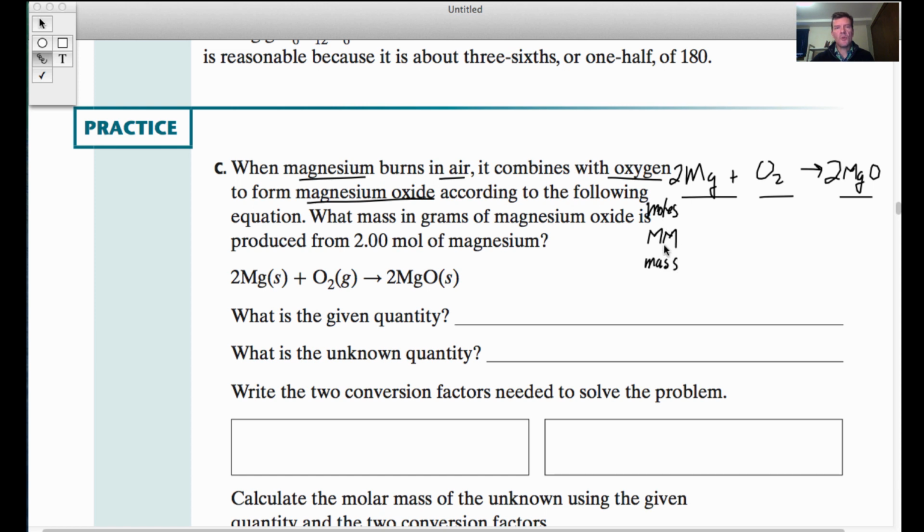So moles, molar mass, and mass. The reason I'm doing those three is because to go from mass to moles, you have to use the molar mass. And to go from moles back to mass, you use the molar mass again, but in the inverse method. I'll show you what I mean in a second. Watch.